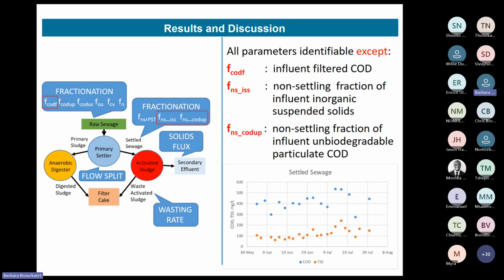We didn't do a separate structural identifiability analysis, but if we dig into why these particular parameters were not identifiable, it actually had to do with the structure of the simplified model.